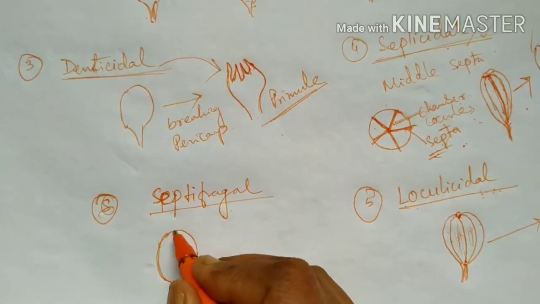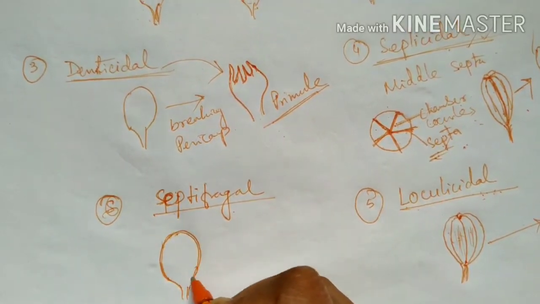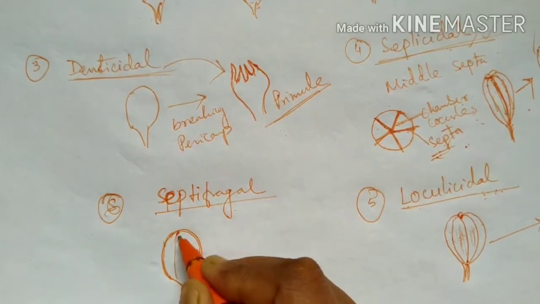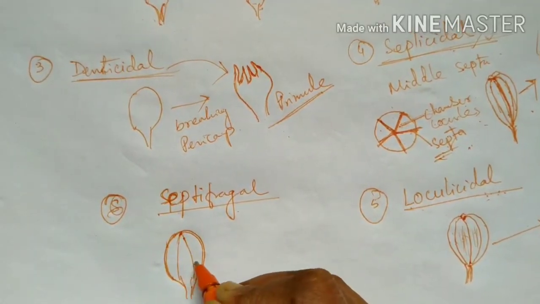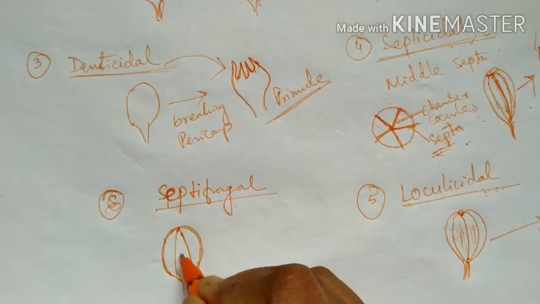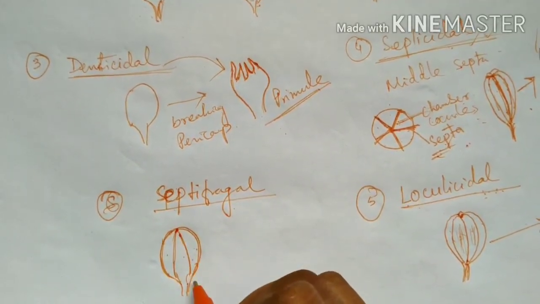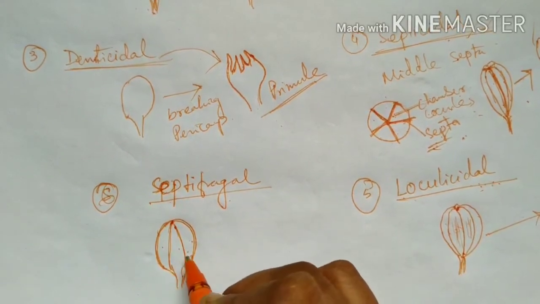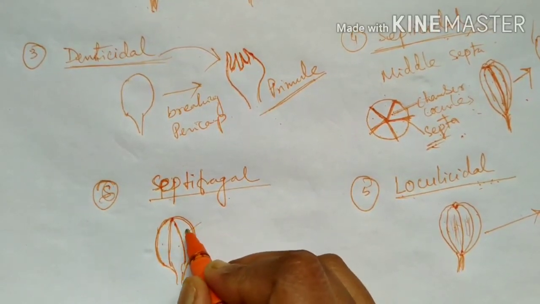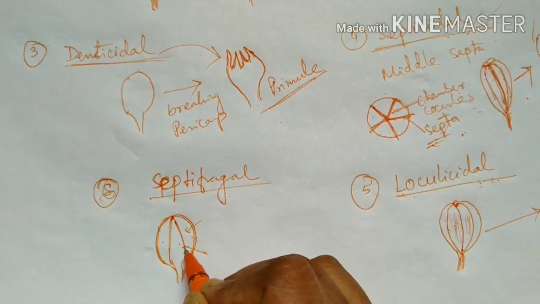Datura is an example of this type of fruit. If this is a fruit and these are septa, right? So these are septa and these are chambers. So in this case, the fruit breaks through chambers and septa.